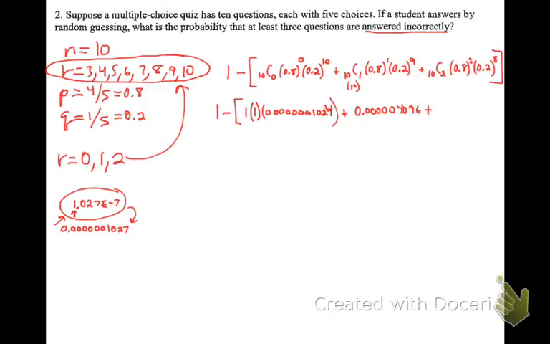Very small probabilities, isn't it? And then 10C2, so that's going to be 10 times 9 over 2 times 1 using the shortcut, so that's 5 times 9, which is 45. So 45 times 0.8 squared times 0.2 to the 8th, 0.000073728.